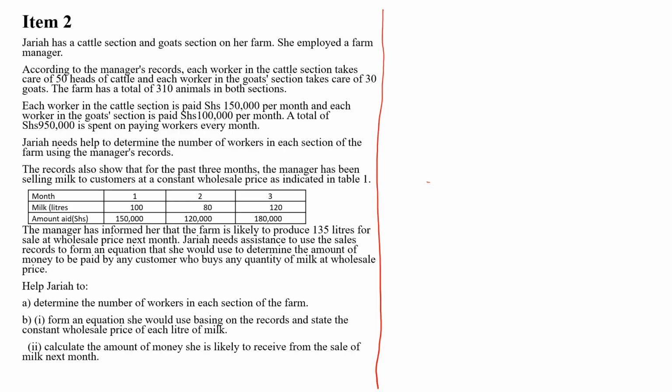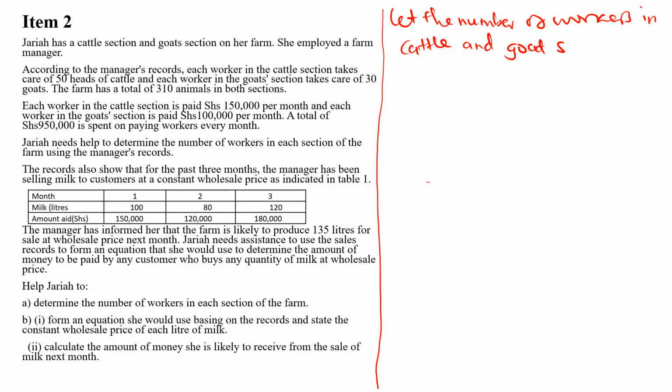So here we shall say, let the number of workers in the cattle and goat sections be X and Y, respectively.